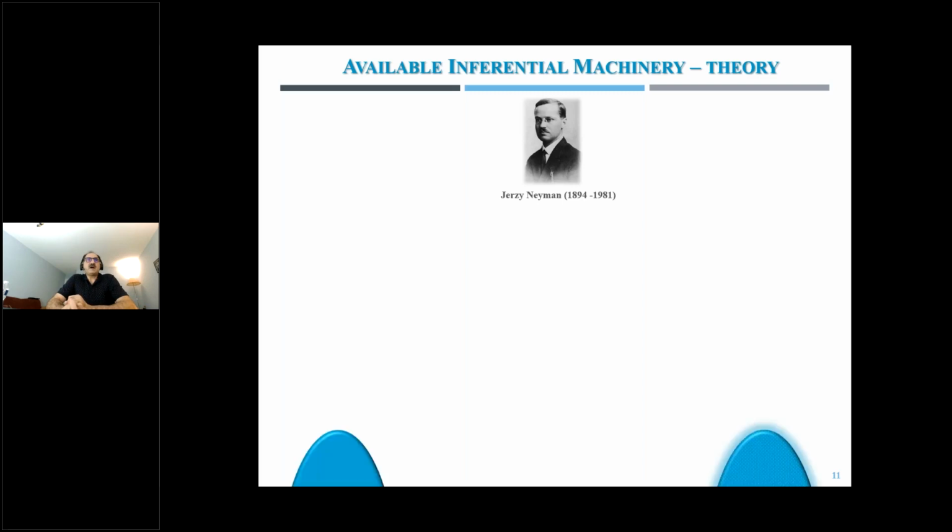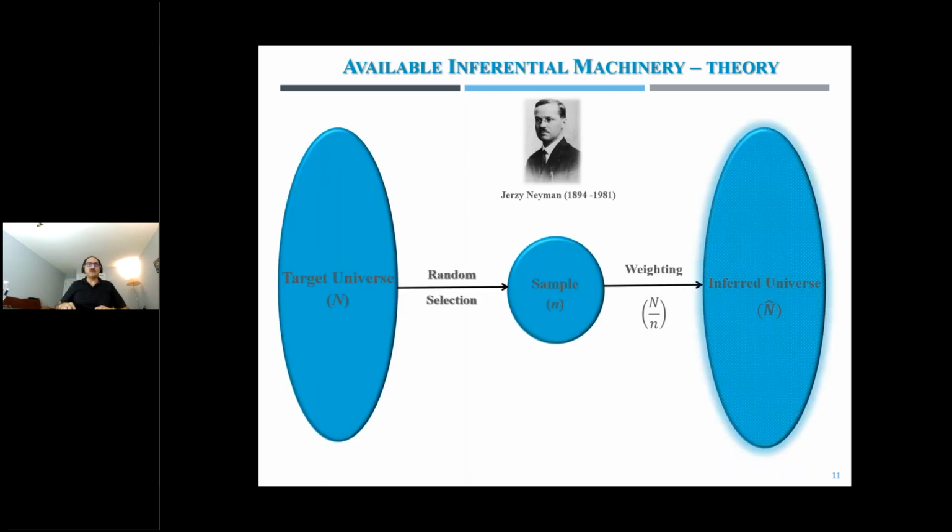All right, now let's get to the machinery, the inferential machinery that is available to us for blending samples. Thanks to giants such as Neyman, we have at our disposal this simple inferential tool. Basically, when there is a universe from which we can select a sample where units have known selection probabilities, and we can secure either perfect response rates or non-response happens to be random, somewhat academic, nonetheless, that's the paradigm.